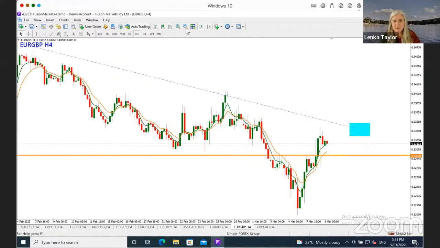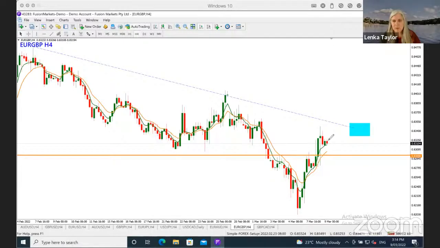So in a way, short-term analysis would be to still take short, but if it does come to the horizontal area here at the 0.83, then I would be a bit cautious. If it comes up high enough so that we have enough room for a trade, I'm looking for short.